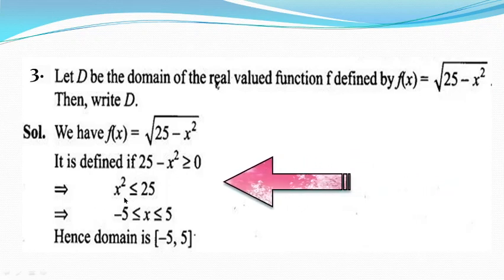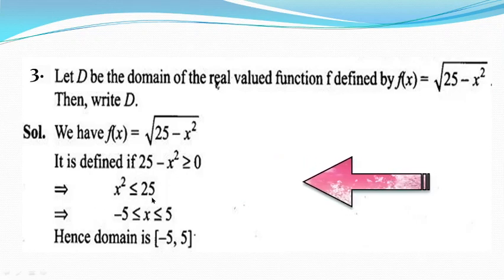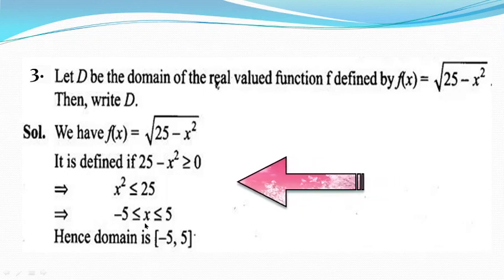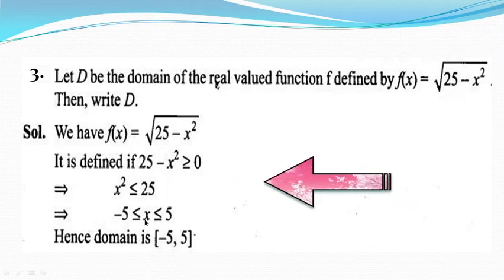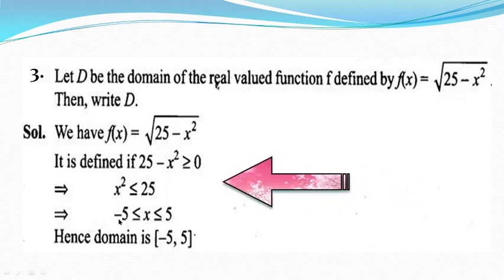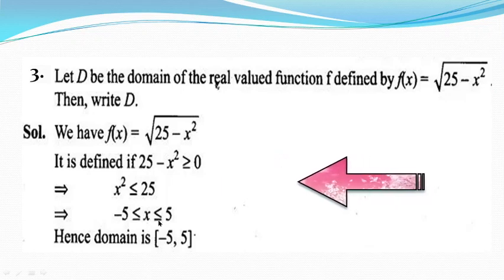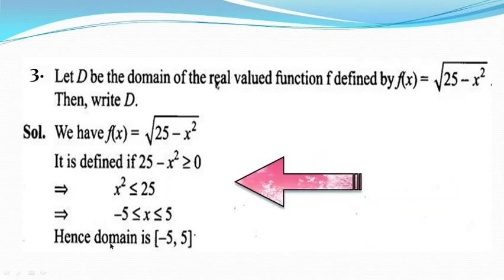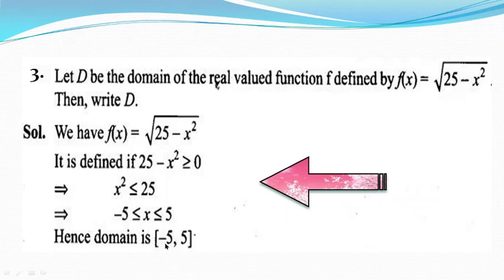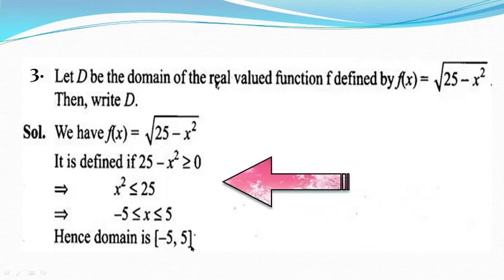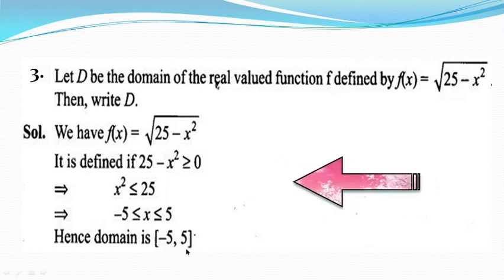So here x square is less than equal to 25 and then we get the domain. x will be greater than equal to minus 5 and less than equal to 5. And if we write in the interval form, the domain will be minus 5 to 5 in closed interval, closed brackets.